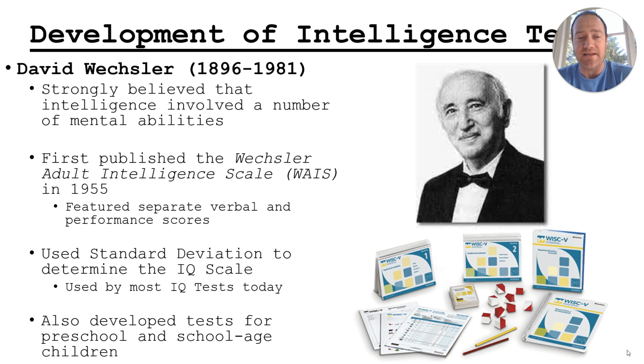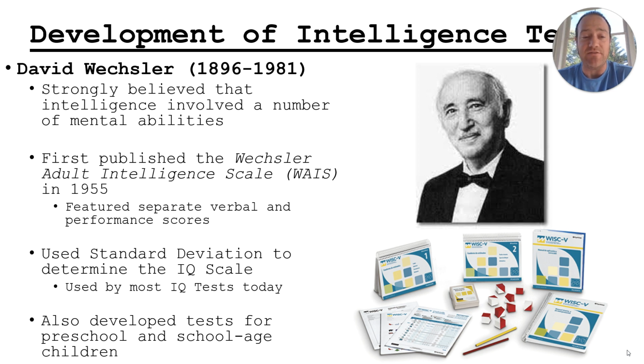So his test involves a lot of different things: visual questions, standard intelligence testing, memory, patterns, similarities, differences. It took a lot of the same things from Binet's and Terman's tests and updated them a little bit, but he also added a couple of other things that were a little bit different.